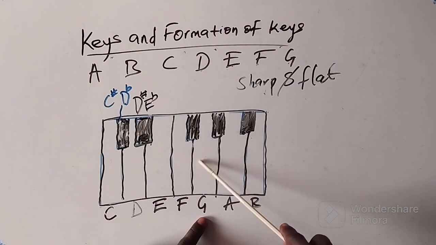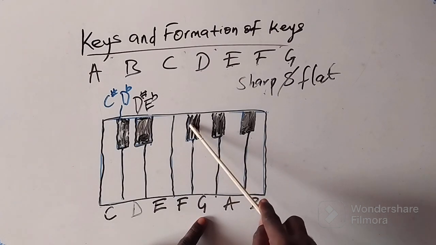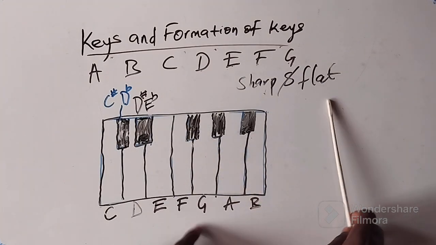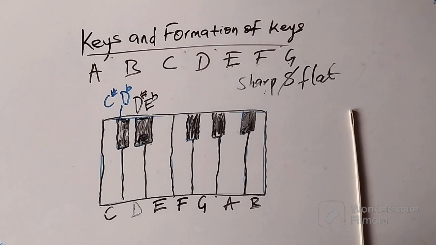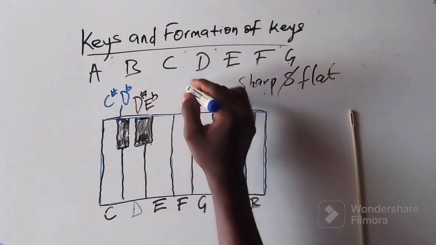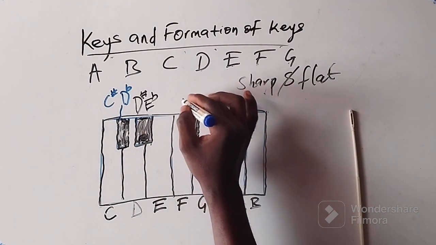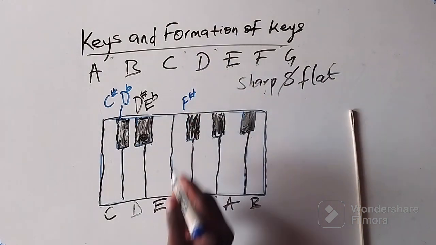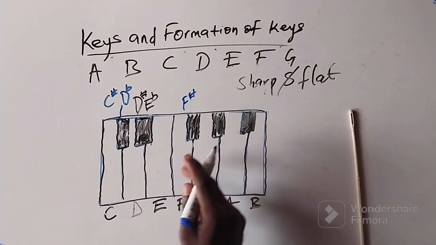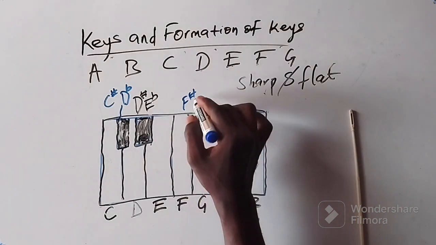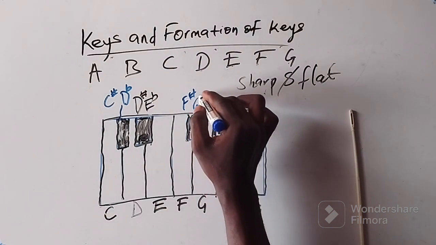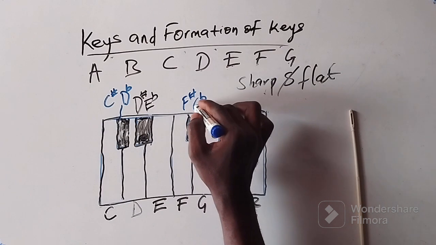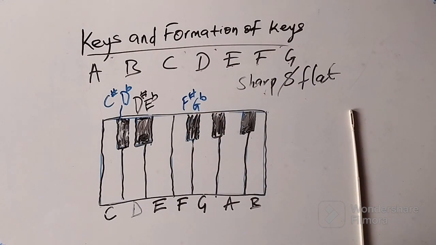This F sharp is still at the back, so it is also called G flat. So it is called F sharp when you are calling it from F. When you are calling it from G, it is called G flat.